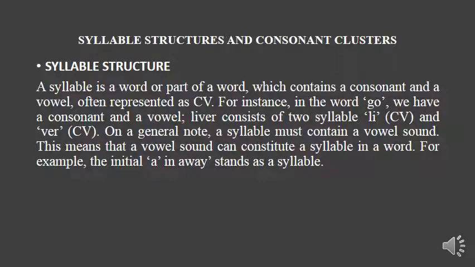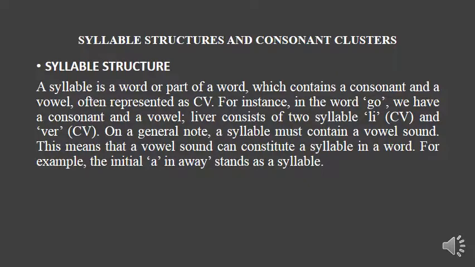For instance, in the word go, we can see that we have a consonant and a vowel there. The G sound is a consonant and the O sound is a vowel. That makes a syllable. We have a consonant and a vowel also in the word liver. We can see that here we have two syllables. We have li and then ver.